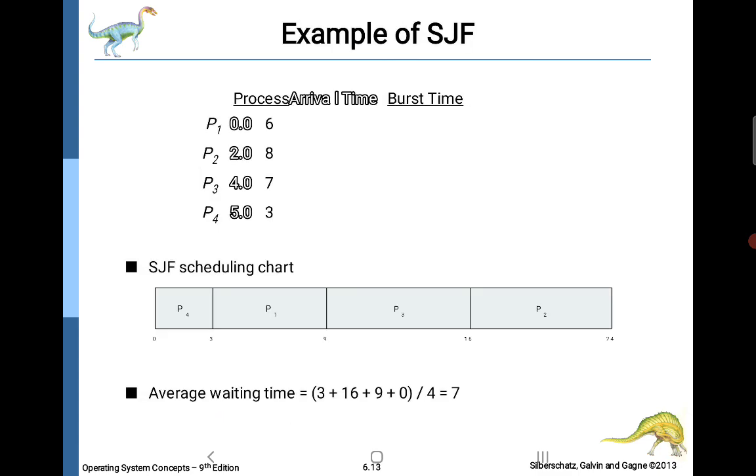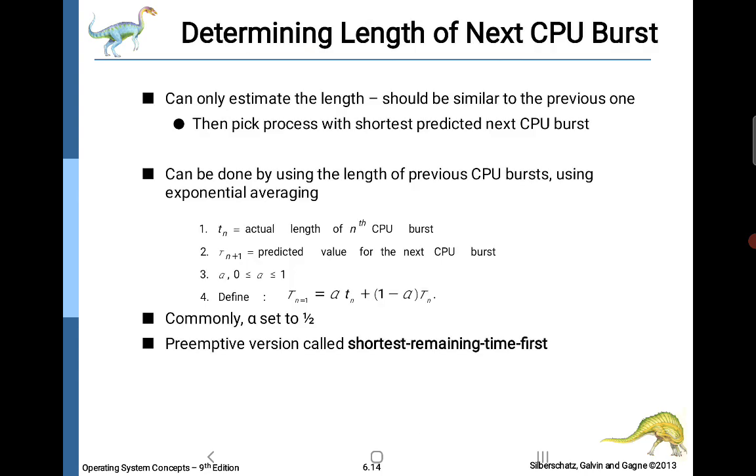Shortest job first, as we have seen it here, is a non-preemptive algorithm, just like first come, first served. There is a version of shortest job first that is a preemptive shortest job first called shortest remaining time first.